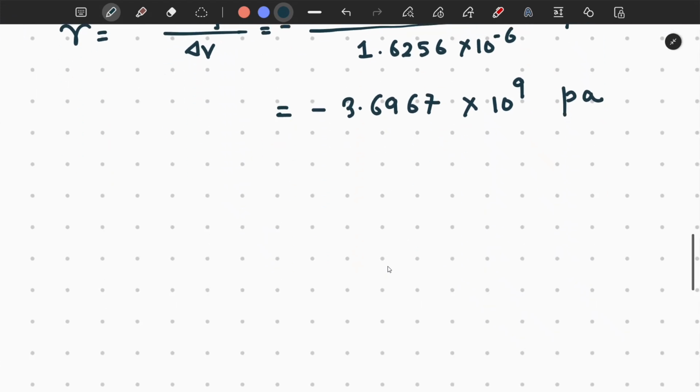So now we have to convert this Pascal to atmosphere, ATM.